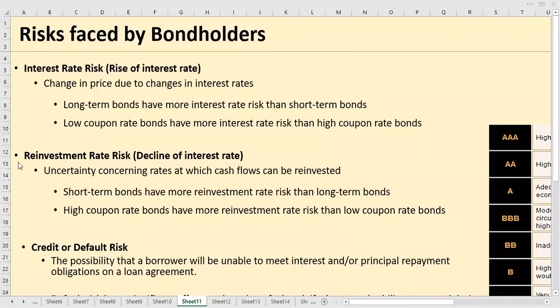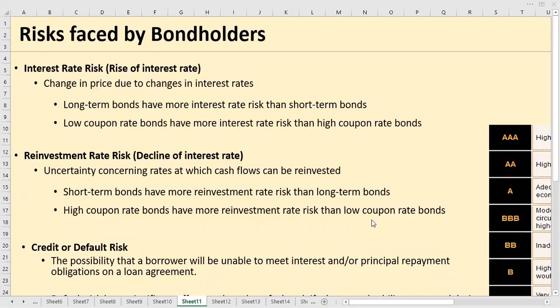The next risk faced by a bondholder is reinvestment risk. Reinvestment risk is something like this. Imagine that you have two bonds, a 2-year bond and a 20-year bond. If you invest in the 2-year bond, you know exactly that after 2 years you are going to receive the interest and the principal value.